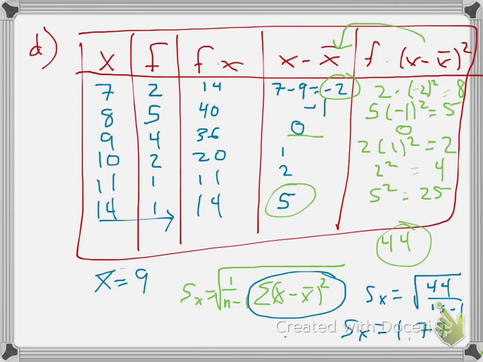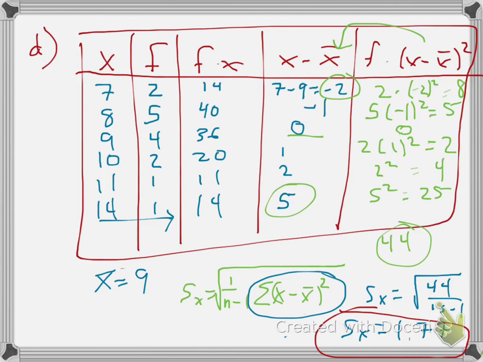And that's our standard deviation. If I were to ask to interpret what this standard deviation means, it means that on average, the number of ducks observed over the course of these days was about 1.77 away from the mean. So it's about the average distance of all of our data points from the mean.